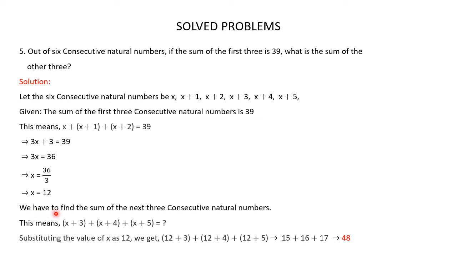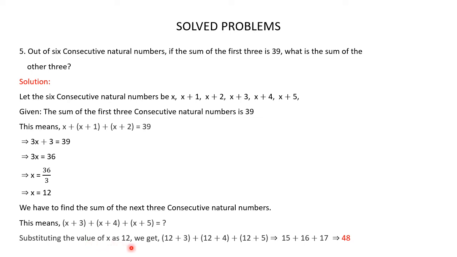What we have to find is the sum of the next 3 consecutive natural numbers. This means we have to find the value of x plus 3 plus x plus 4 plus x plus 5.